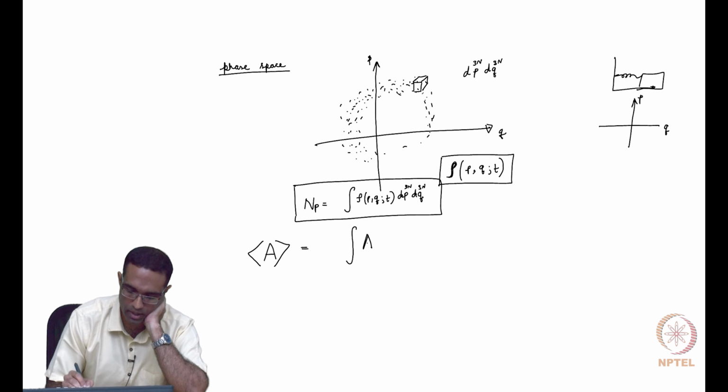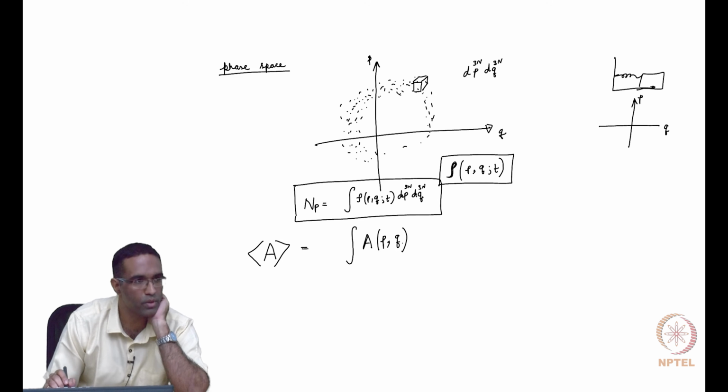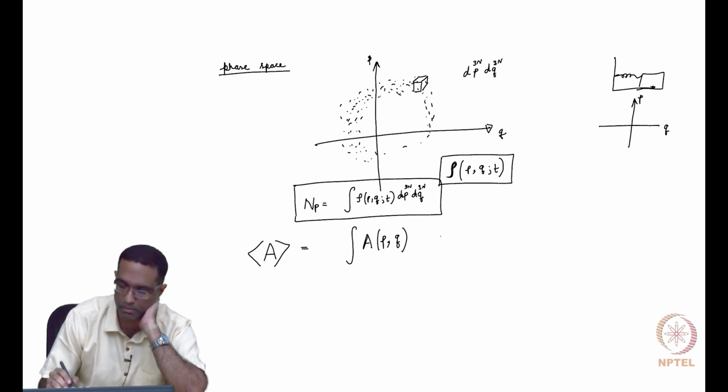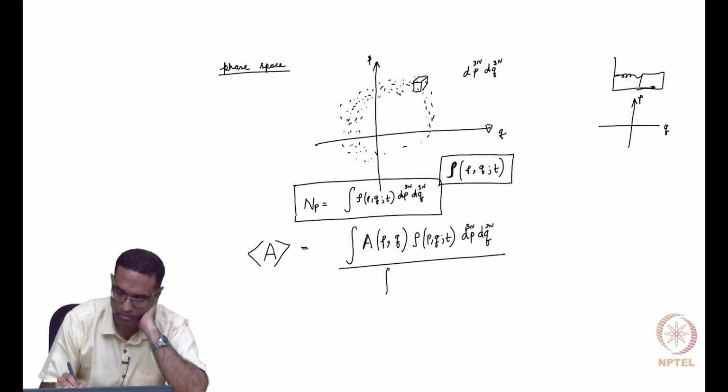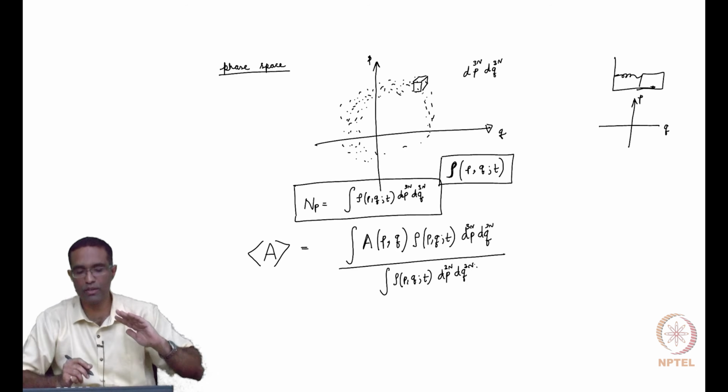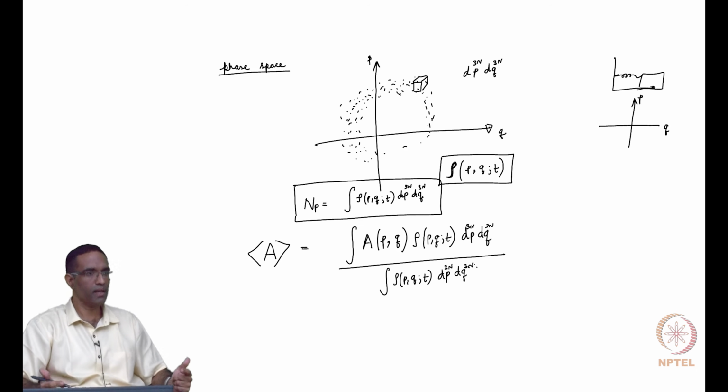A is now only a function of P and Q, where P and Q may be functions of time, multiplied by rho(P, Q), and integrated. This gives me the phase average of the quantity A.